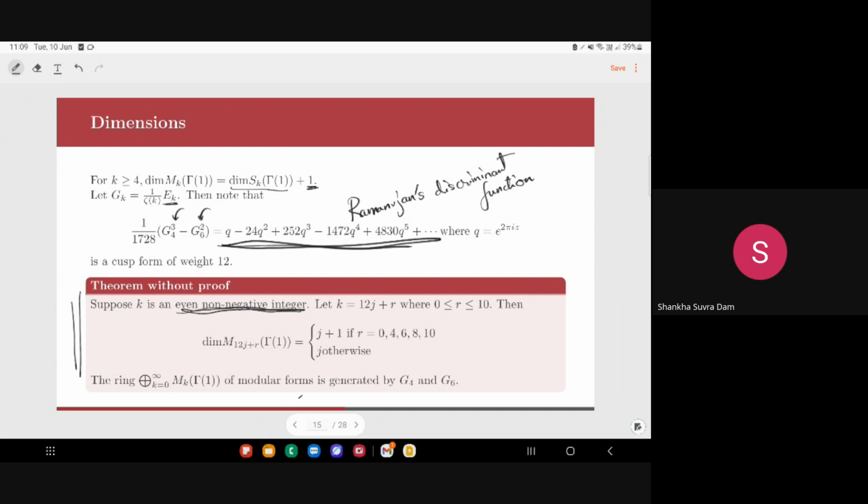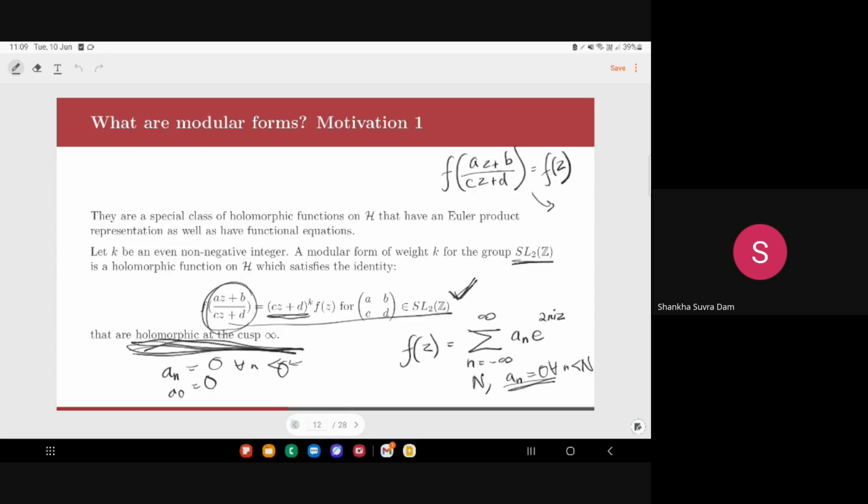For odd k, the dimension would clearly be 0, with no non-trivial modular forms, because if we require this condition for all the generators of SL2(Z), things go bad for odd k.